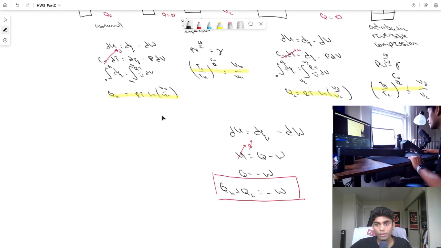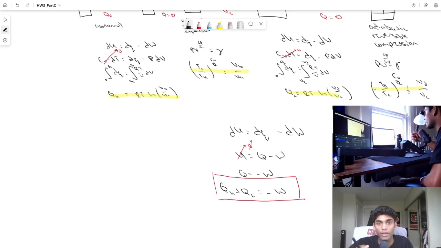So first, let's look at this. We have VB over VA in both of these equations here. Mainly, let's look at this one. However, we see that the temperature ratio on this equation and the temperature ratio on this equation are reversed.